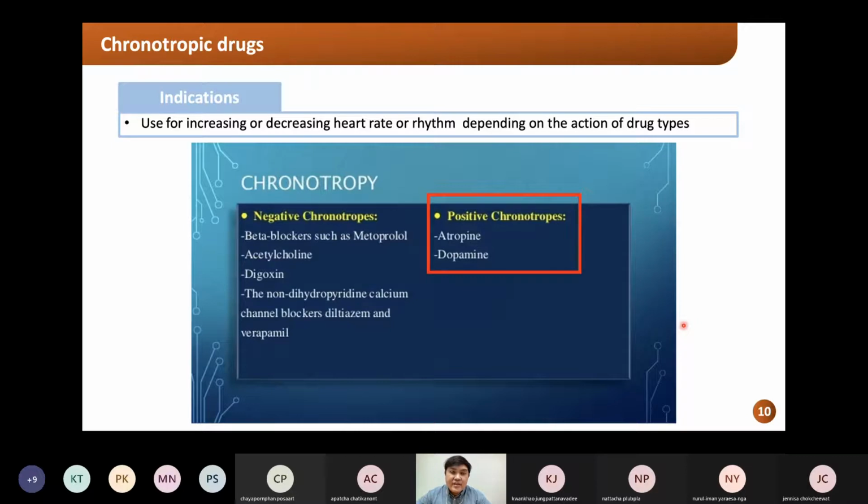And in this topic, I will tell you only the positive chronotropes, which are atropine and dopamine, which are normally found in the cath lab in case the patient needs to be resuscitated from some critical event.